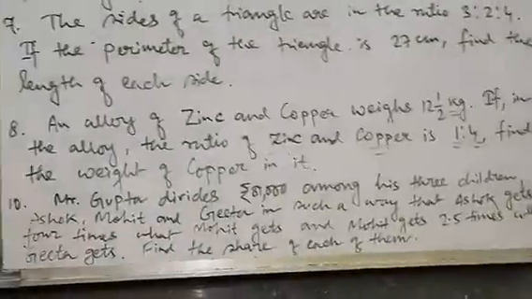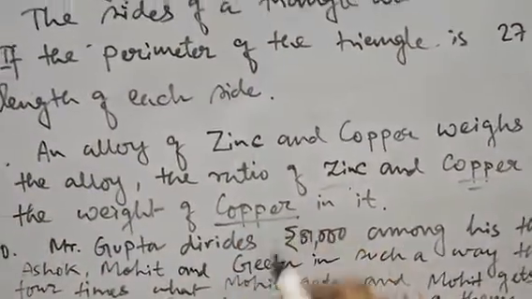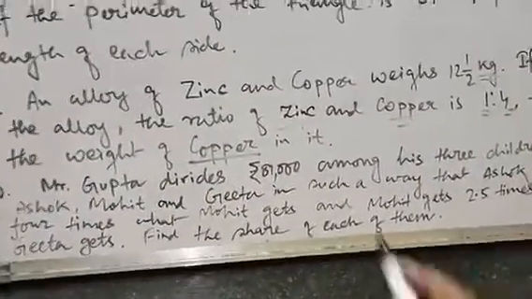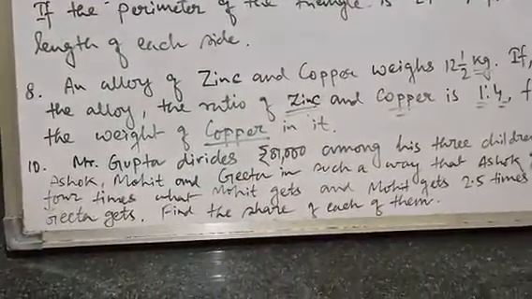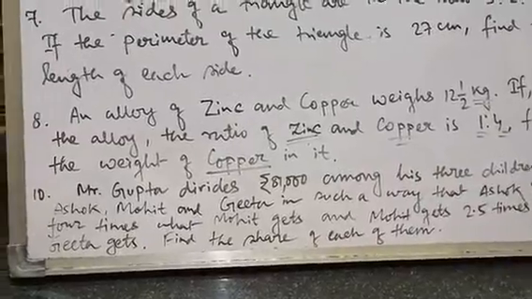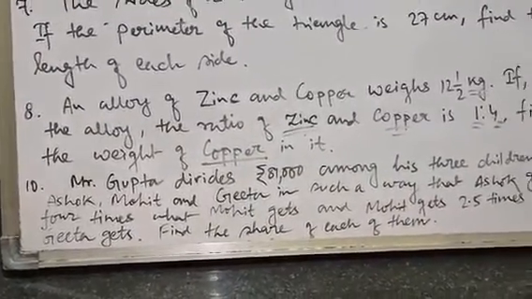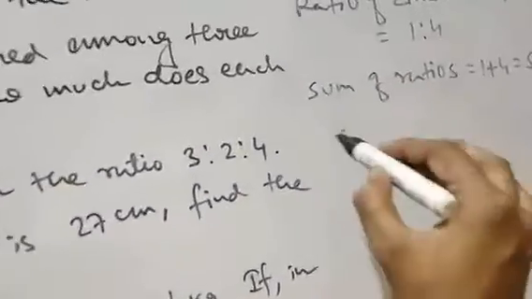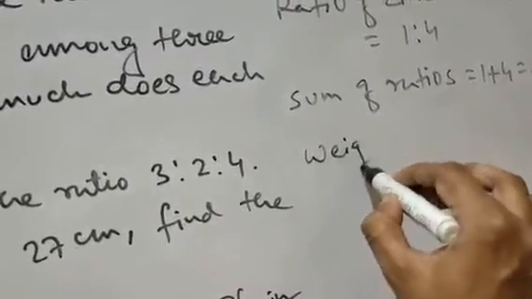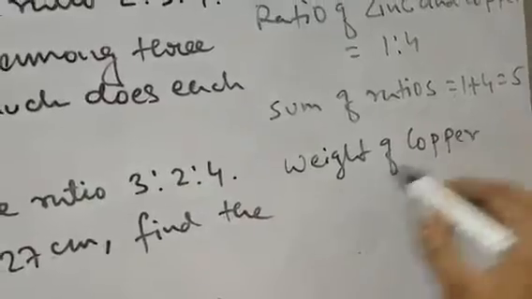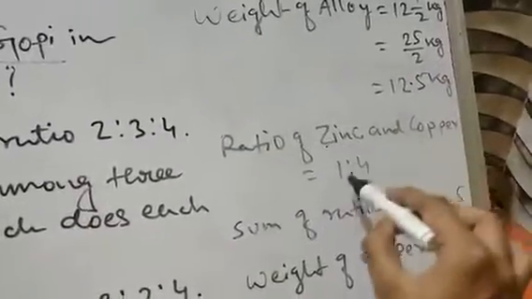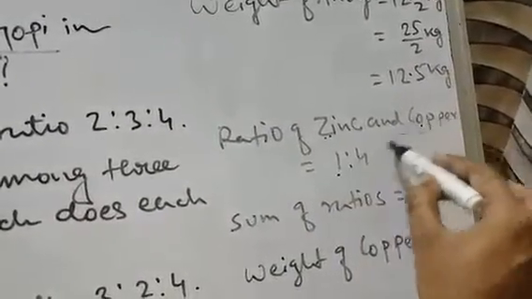Now we have to find out only the weight of copper. We don't want to calculate the weight of zinc because the question is not asked. The question only says find out the weight of copper. That's why we will only find the weight of copper, not zinc. So weight of copper will be, in the ratio of zinc and copper, if zinc is 1 kg, copper will be 4 kg.